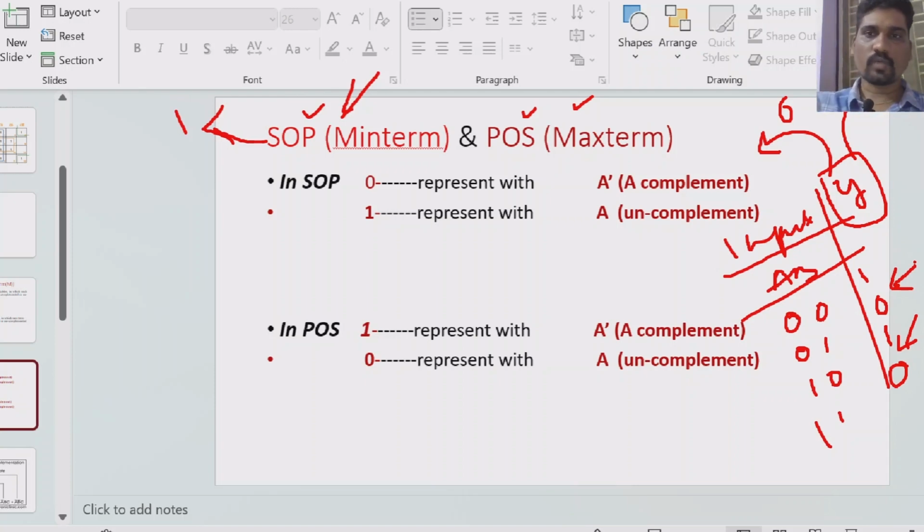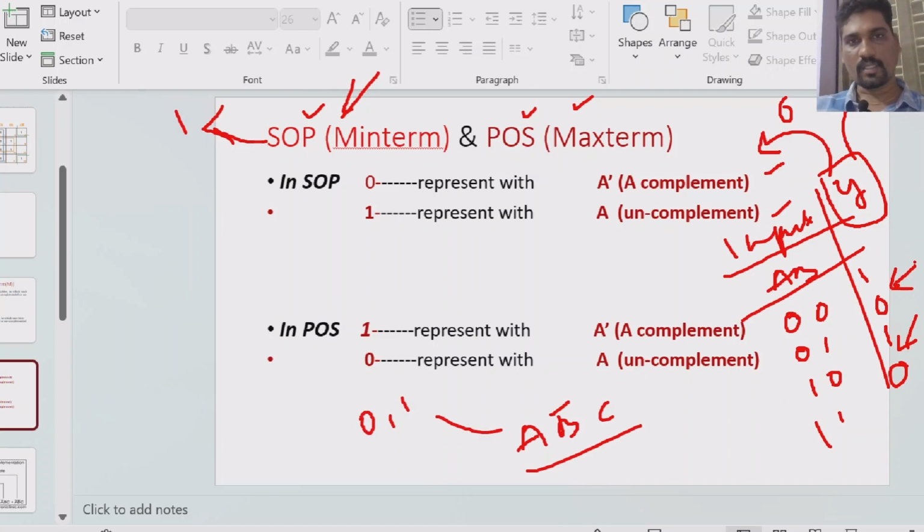Now what is the meaning of this? Suppose in an expression you find something like A, B bar, C. How do we write this value in terms of zeros and ones? What is the actual meaning of the SOP function? To represent the output value 1. So if it is 1, in terms of the variable you just write the uncomplemented value, A or B or C, whatever it may be.